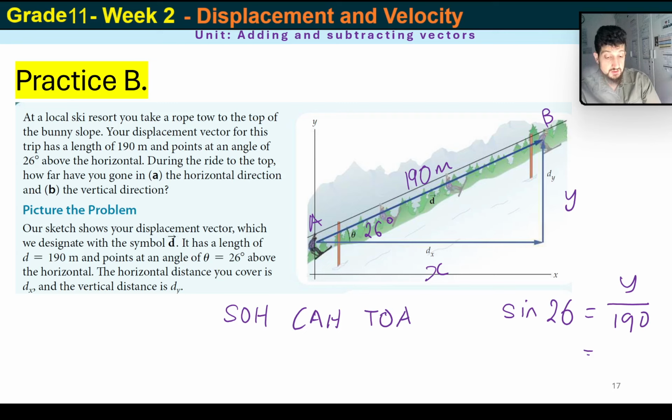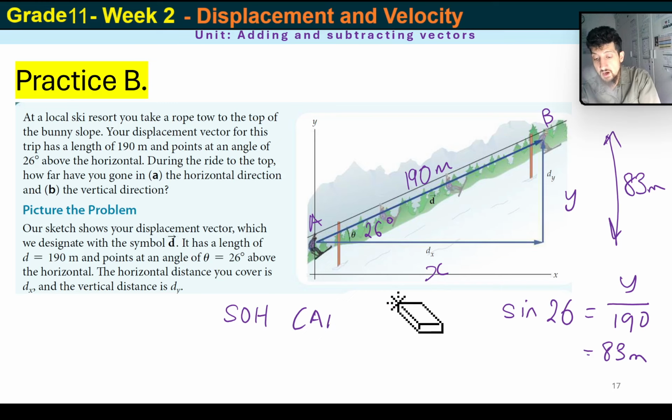So sine 26 times 190, and that gives me 83 meters in the vertical direction. That's y, 83 meters. Now what about the horizontal direction? There are two ways of doing it.